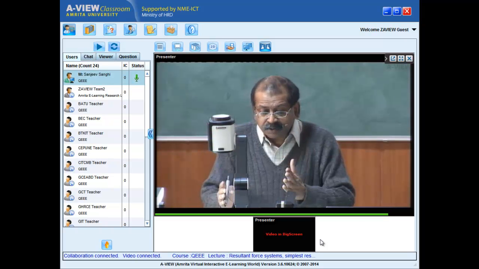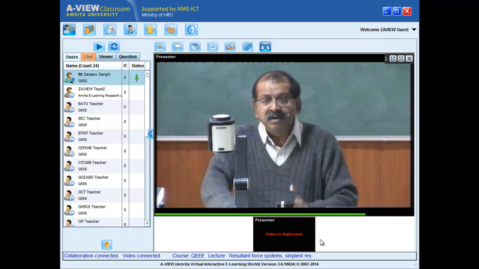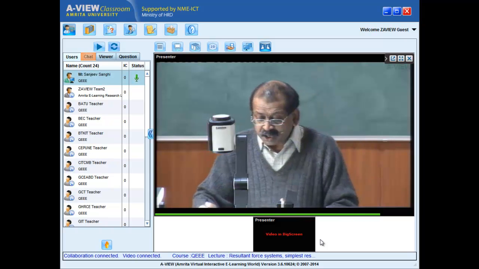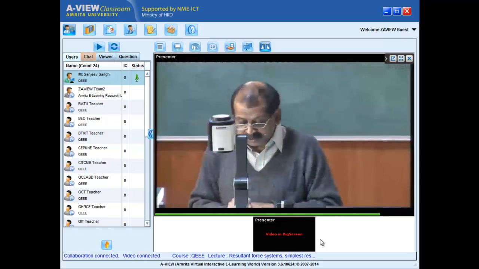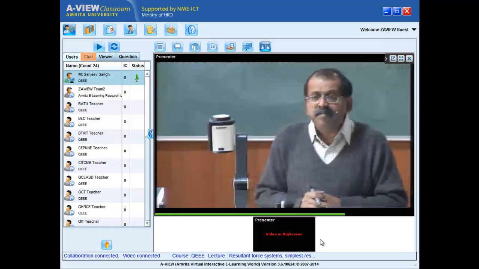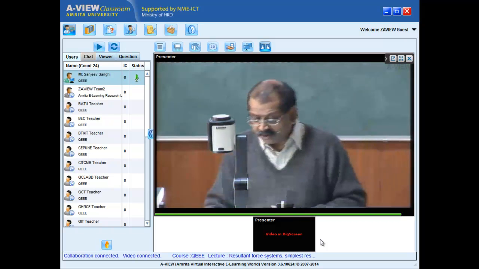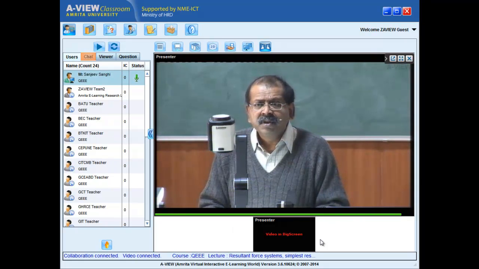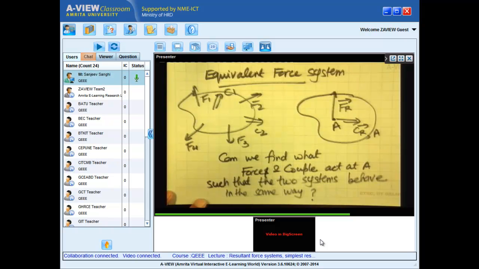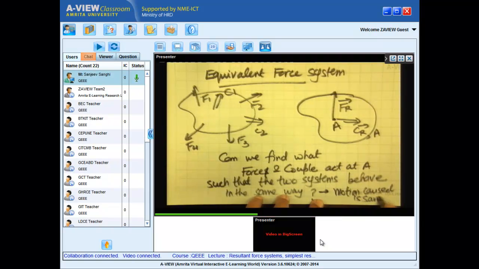So when we talk of equivalent force systems, we are shifting the forces which are acting on a body to a particular point. Now what do we mean by behave in the same way? What this means is that the motion caused is the same. If the motion caused is the same, then we say that they behave in the same way.